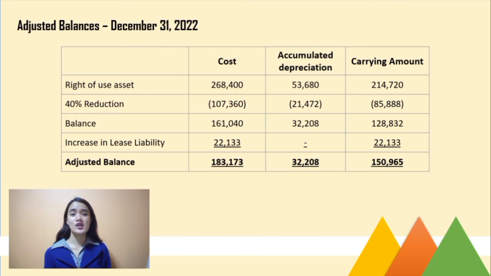Since nagkaroon ng increase sa liability natin na nakuha natin earlier, kailangan natin siyang i-add doon sa balance na nakuha natin ng ROU. Sa cost, we will have 183,173 pesos. For the accumulated depreciation, it is the same amount. Carrying amount ng ROU natin, we will get the adjusted balance of 150,965 pesos.